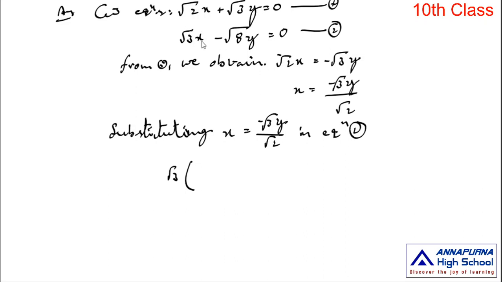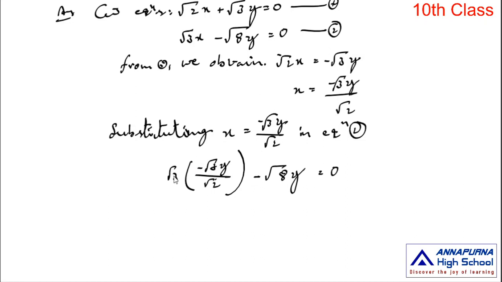In this second equation, instead of x, I am taking this value, minus root 3y by root 2. So that implies root 3 into minus root 3y by root 2 minus root 8y is equal to 0.